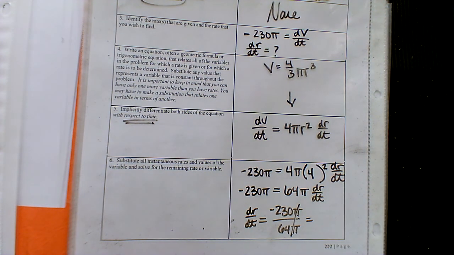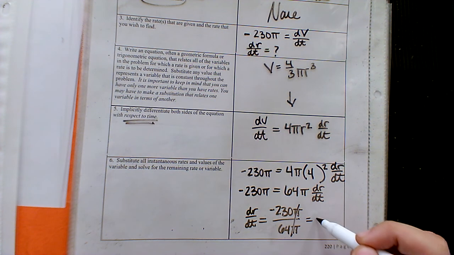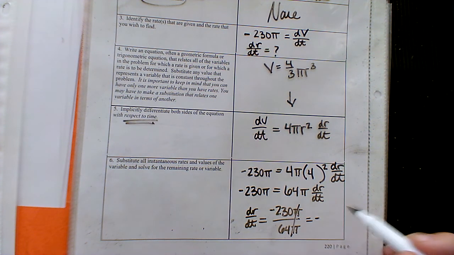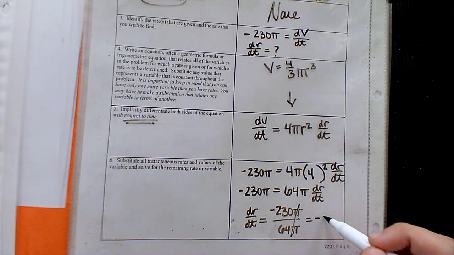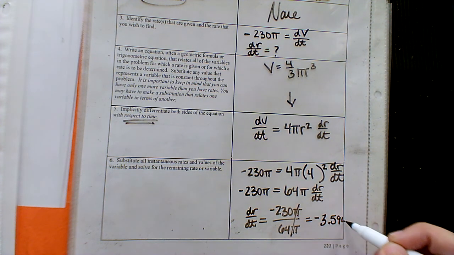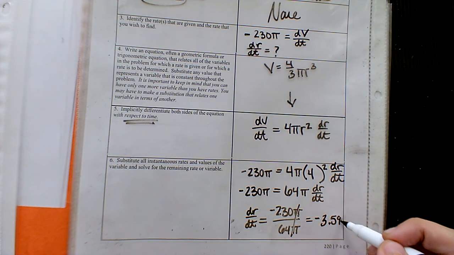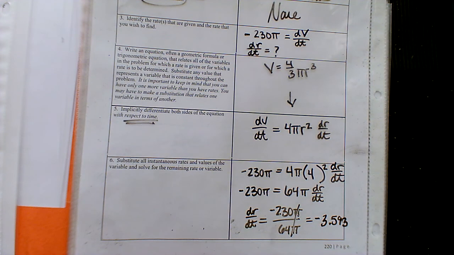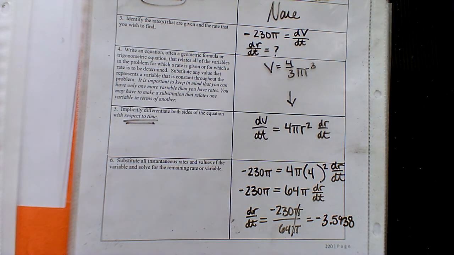Negative 230 over 64. Negative 3.59375. 3.7. Okay, so 3.7 or 3.8, depending on how you want to round it, either one's fine. Okay, so this is the rate at which the radius is changing. Notice how since it's negative, the radius is decreasing. We said that was the case because the balloon is getting smaller.